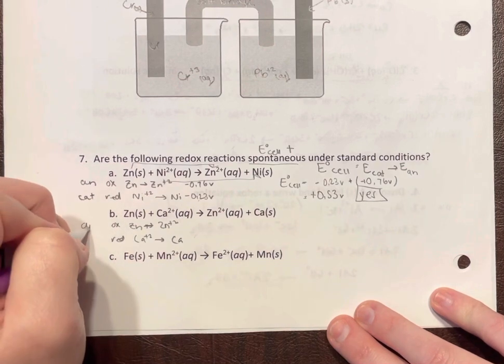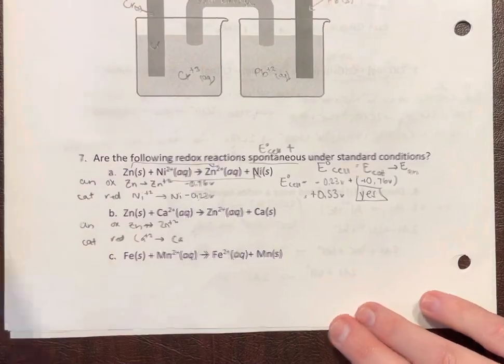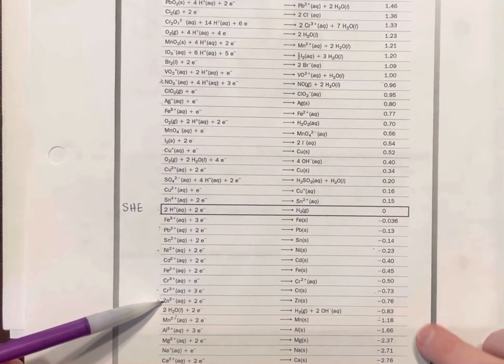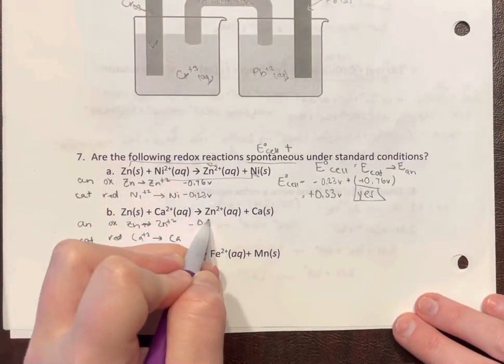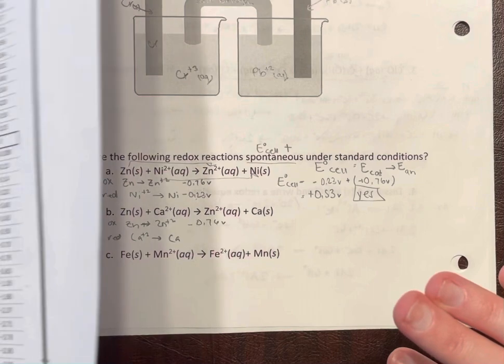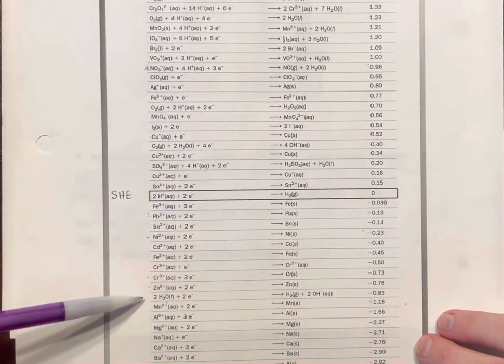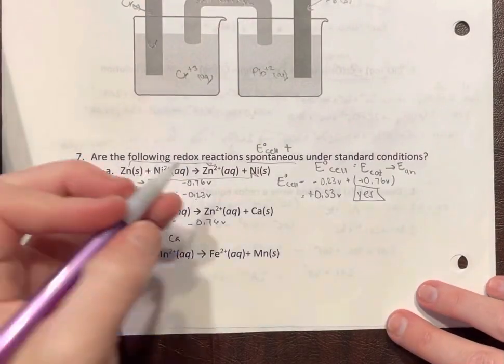Okay, so oxidation at the anode, reduction at the cathode. Find them on the table. Zinc, here negative 0.76, or you could have just copied that. Cathode, calcium down here, negative 2.76.